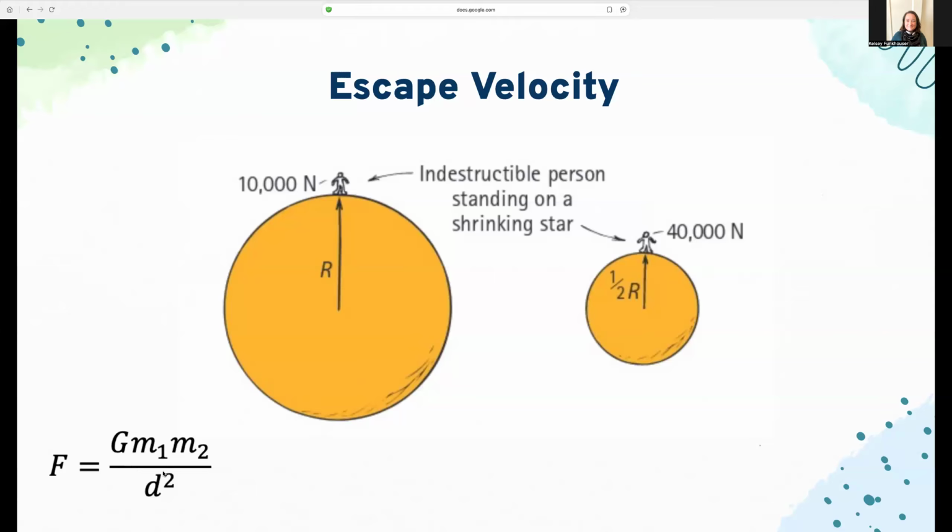And that's because when we decrease the distance, remember, a smaller number on the denominator means a bigger number overall, for one thing. So that's the first thing. If we're making the distance smaller, we're making the force bigger, but we're also squaring it. So we're making it even smaller down here and even bigger overall.